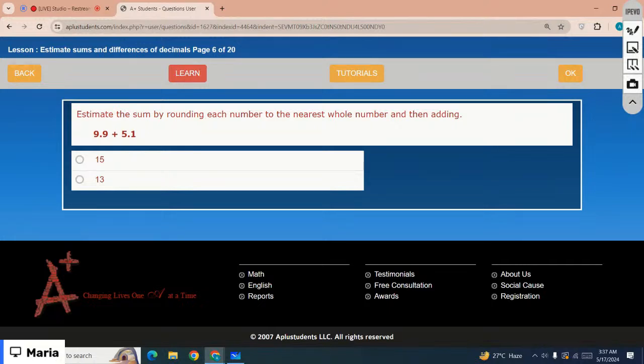Estimate the sum by rounding each number to the nearest whole number and then adding. 15 is the correct option.